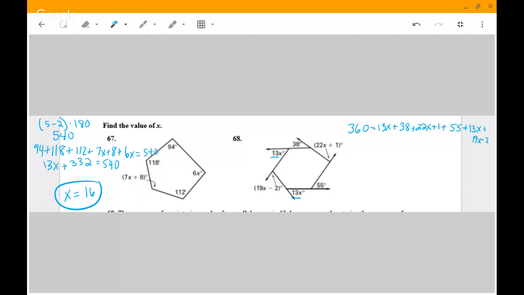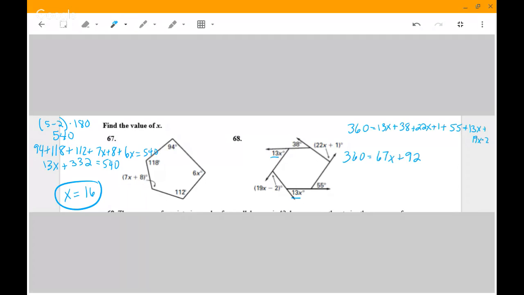So when I combine like terms, I got 67x plus 92 equals 360. That sound about right? I think so. Are you with me?